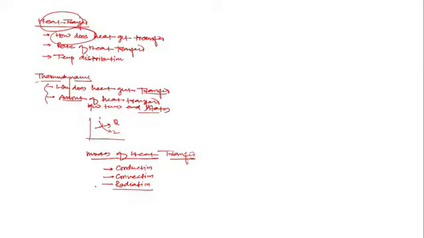When a temperature gradient exists in a stationary medium. Stationary means what? Any medium in which there is no bulk motion. There are two types of motion: one is molecular motion, another is bulk motion.